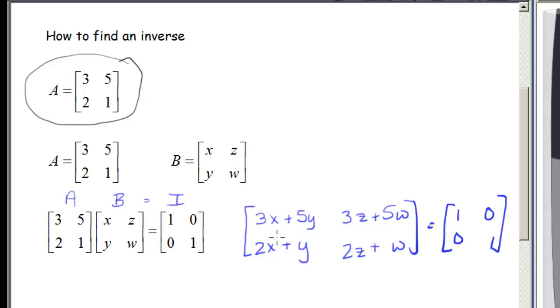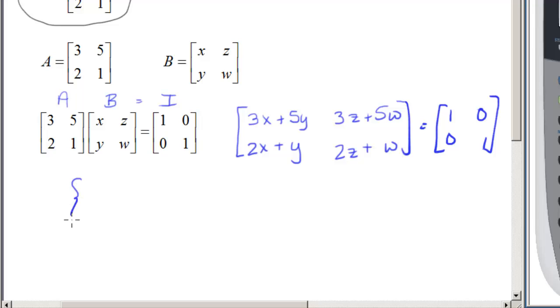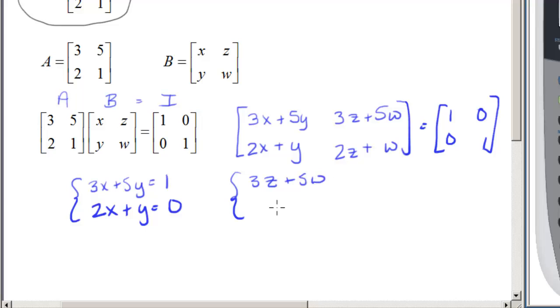So this brings up two basic systems of equations. One system of equations would look like 3x plus 5y equals 1, and 2x plus y equals 0, and the second system of equations would be 3z plus 5w equals 0, and 2z plus w equals 1.